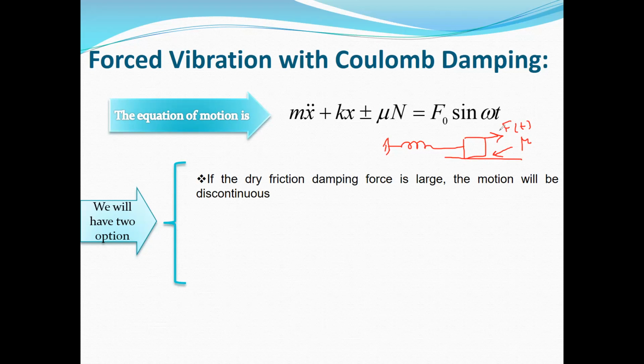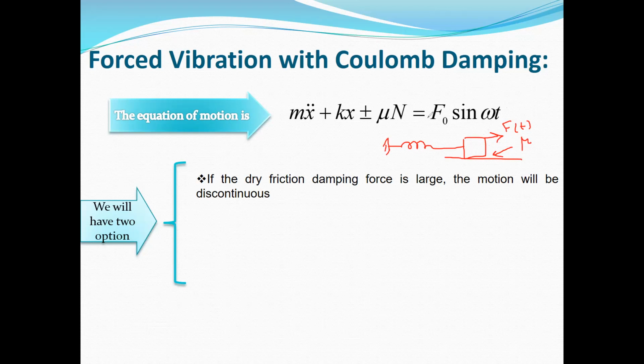And again, when the force in the spring and the external force are in the same direction, maybe the mass starts to move, but as soon as the direction of the force in the spring changes, this mass will be stopped again, and the motion will be discontinuous. So in this case, we cannot solve the equation of motion.